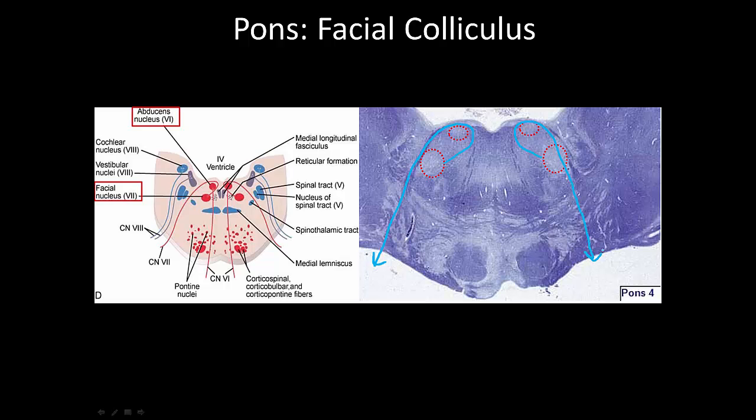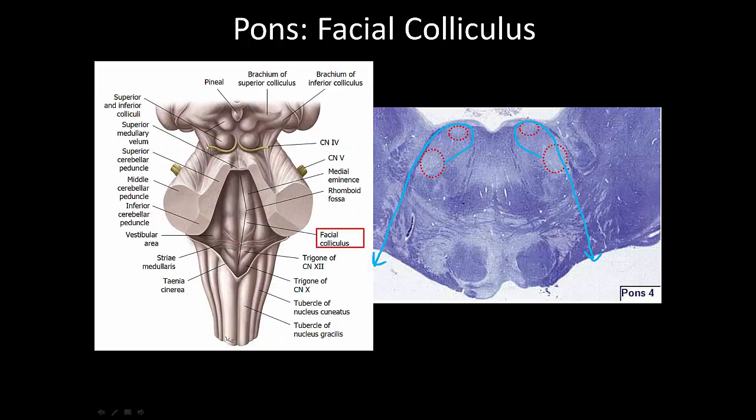These facial nerve fibers that are wrapping around the abducent nuclei give rise to this characteristic bulge into the floor of the 4th ventricle, and that bulge is referred to as the facial colliculus, which we can see in the gross specimen right here and here.